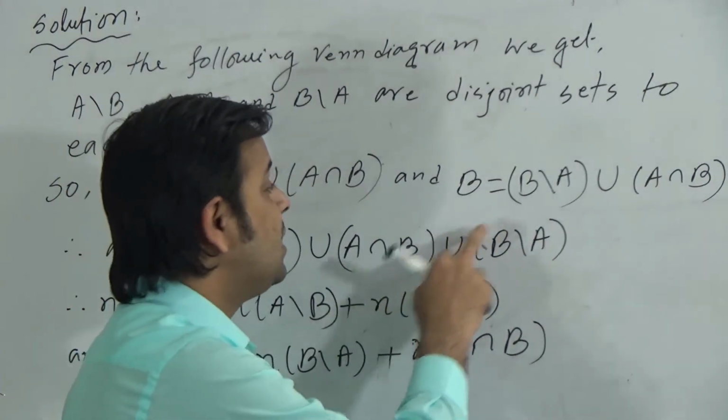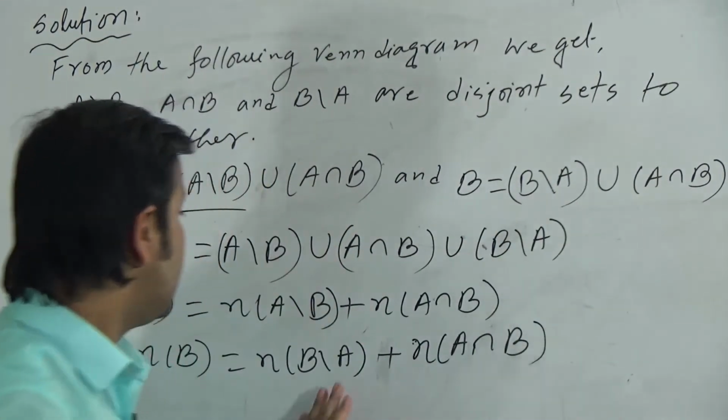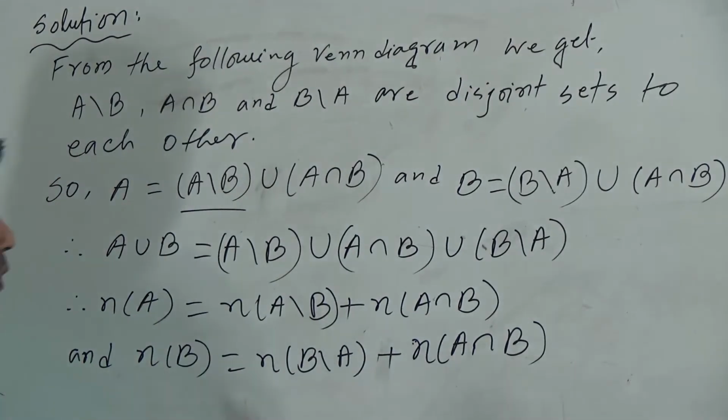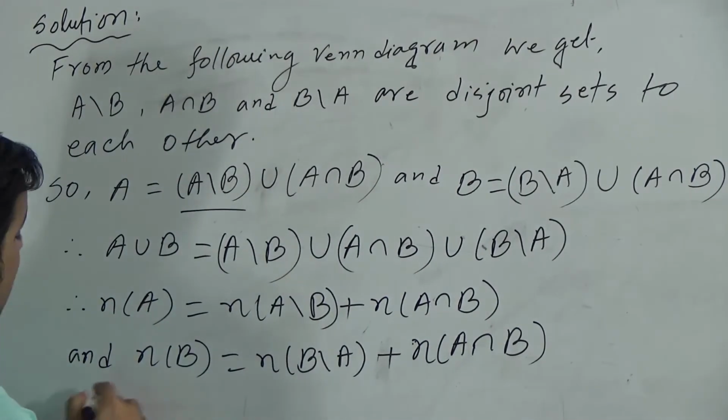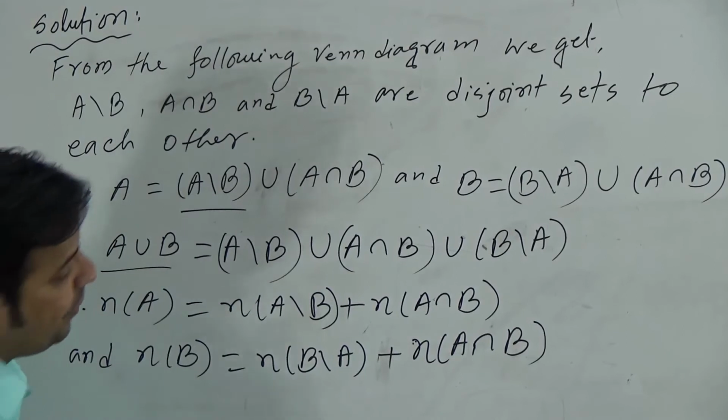If the sign is union, then you have to use the addition sign. Then what is the number of elements of A union B?